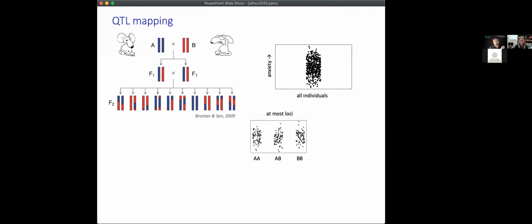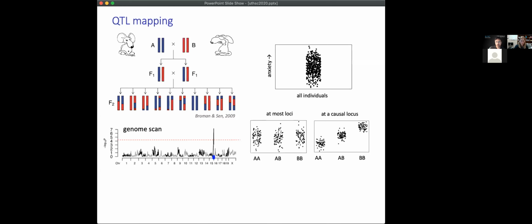If you were to take the animals who are AA at one location, and the animals that are AB and BB, you wouldn't necessarily see a phenotypic difference. If you were at a location that did matter, you would see a difference. This forms the basis of a statistical test that you can apply going right across the genome. So this is the genome scan.